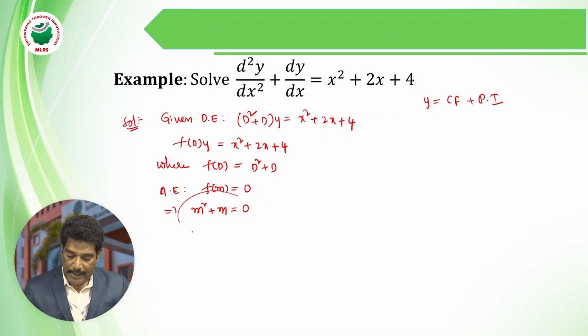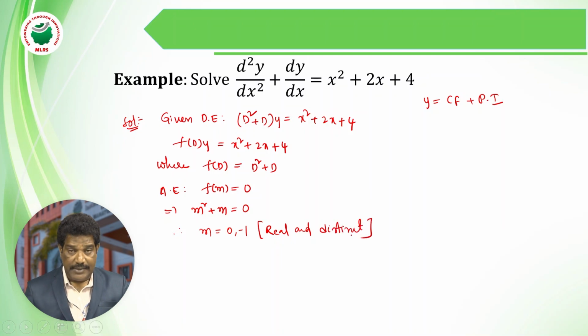Now it will be a quadratic equation, right? We can find the roots, and on solving this equation we get the roots m equals 0, minus 1. Both the numbers are real and distinct. So in this case, how to write the complementary function?